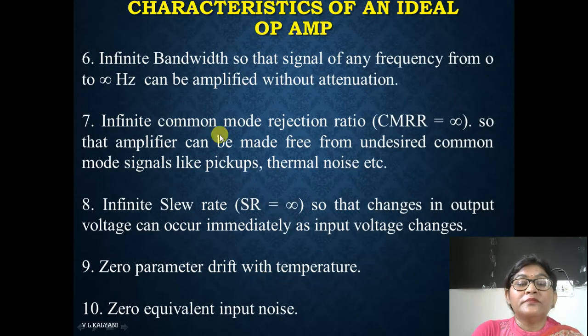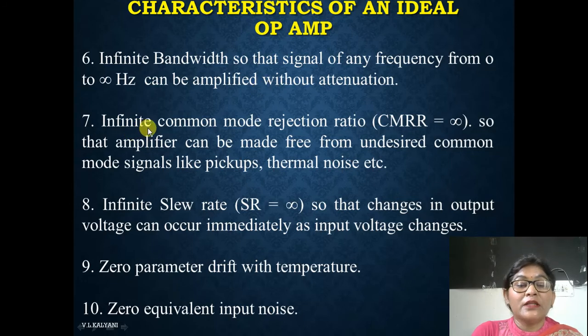The next characteristic of an ideal operational amplifier is infinite bandwidth. The bandwidth of the op-amp should be infinite, so that a signal of any frequency from 0 to infinite hertz can be amplified without attenuation.